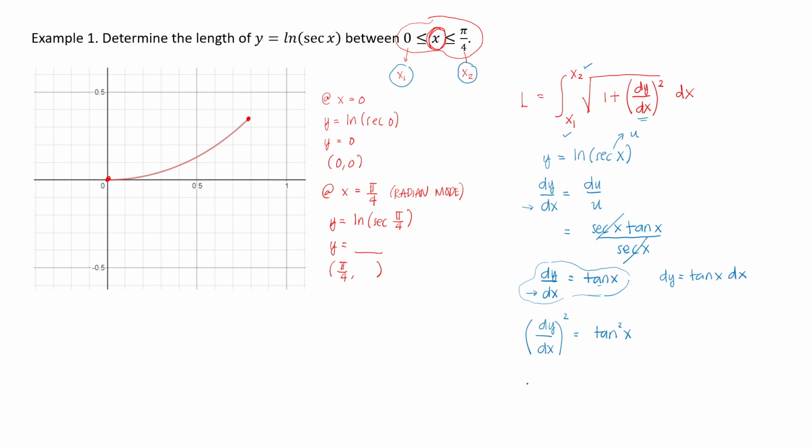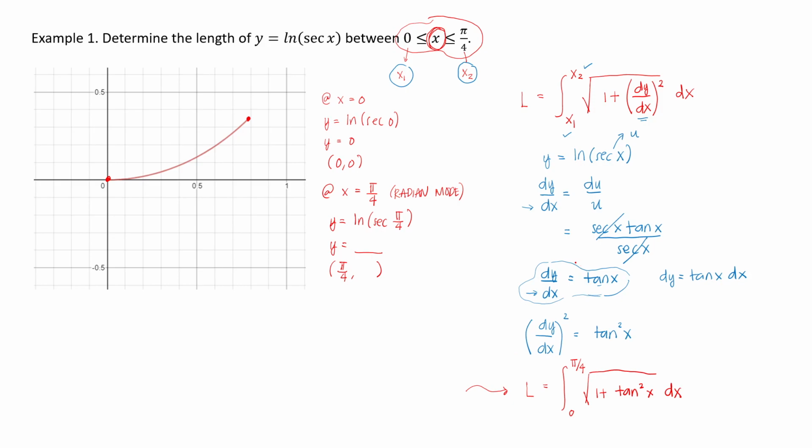And now getting the length with respect to the formula. So you're going to have it as 0 to pi over 4. So prepare your calculator. Square root of 1 plus tangent squared x dx. At this point, you may stop here with your calculation.